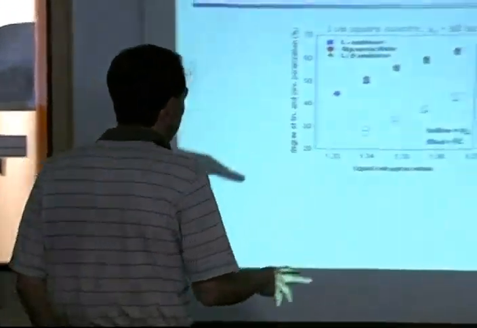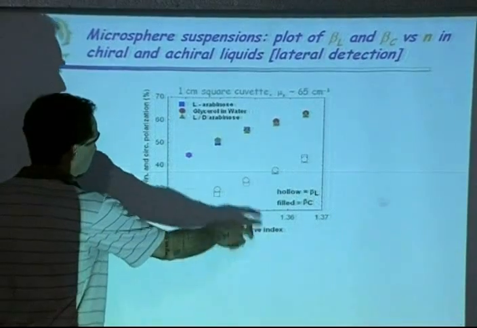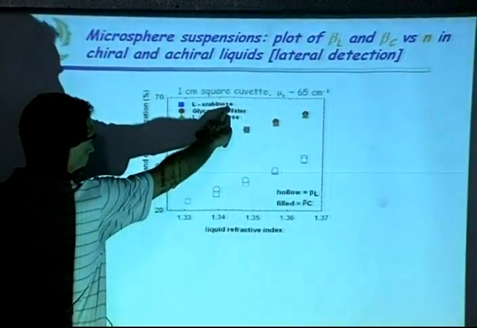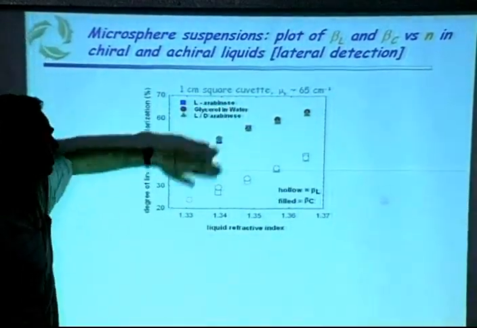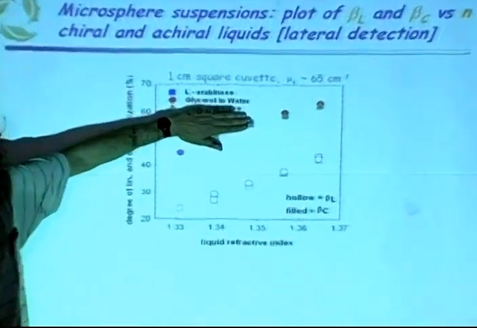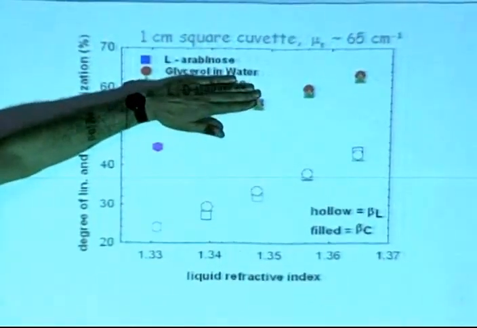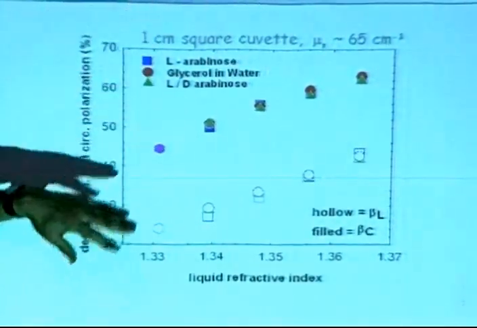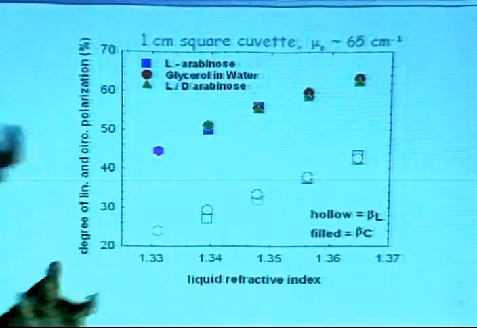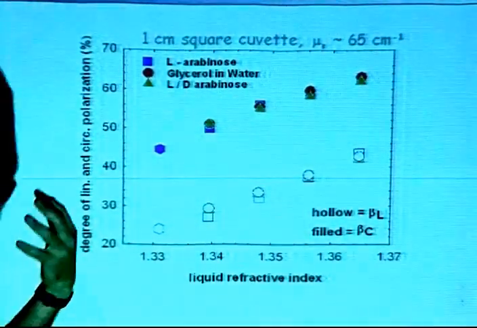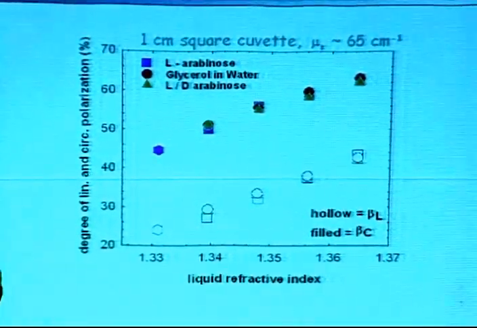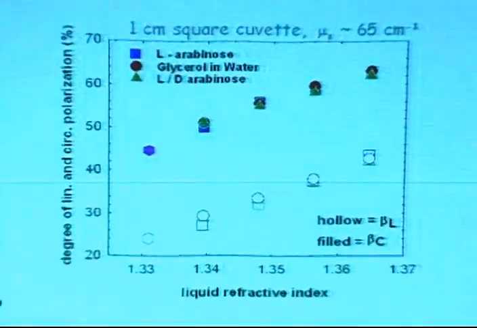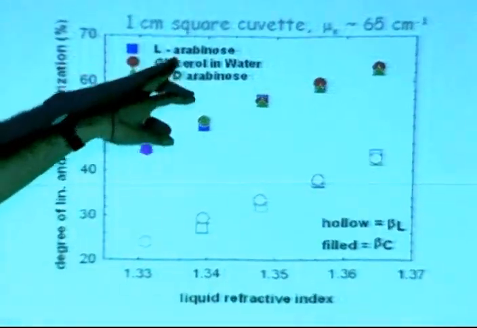So this shows refractive index for something that's optically active, one form of arabinose; something that's optically inactive, which is glycerol, another method of changing refractive index; and something that's optically active but in the opposite sense, a mixture of left and right, the so-called L and D. And we see that the chirality makes no difference.